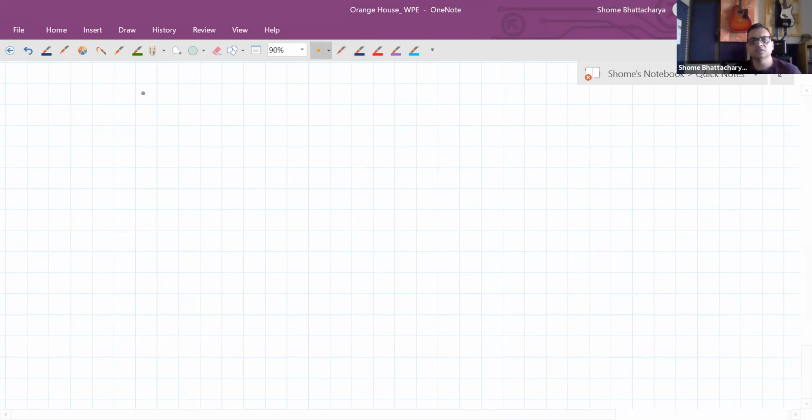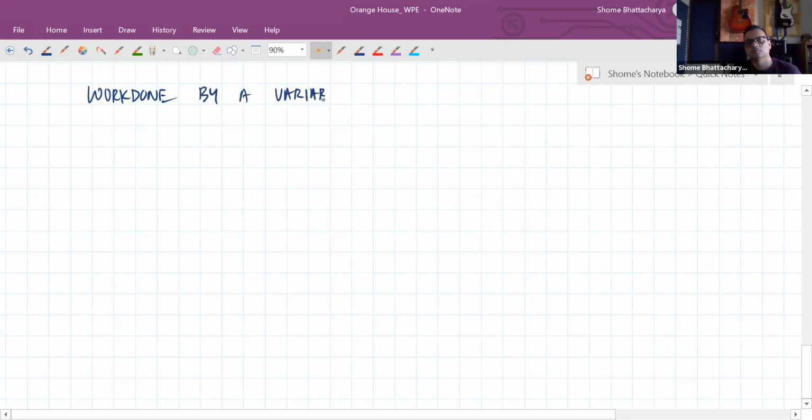Okay, now next thing we'll see is a situation where we are dealing with a variable force. Okay, so if we have a situation where the force acting on a body is not constant, but it varies.